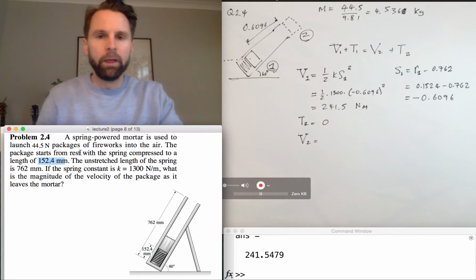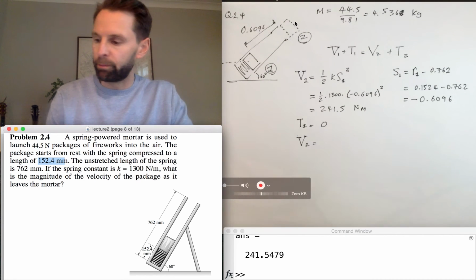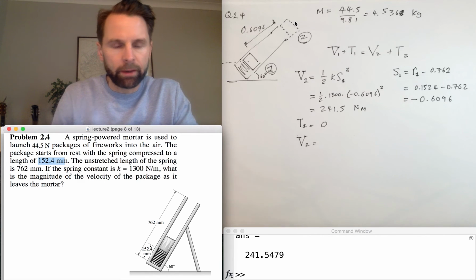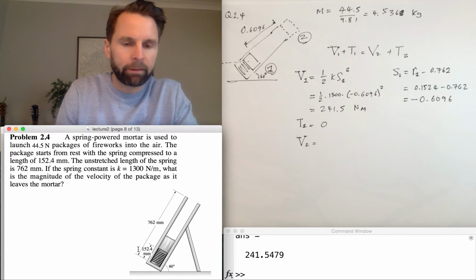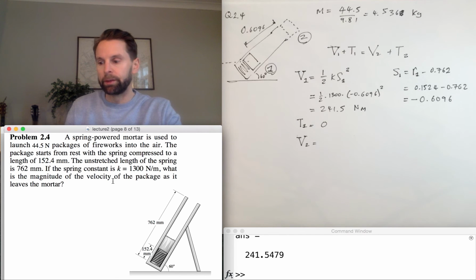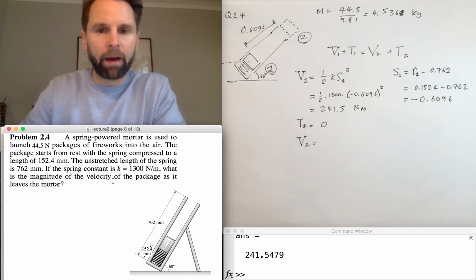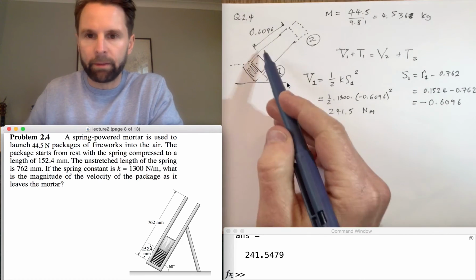Moving on to the potential energy when the package has left the barrel. Now the spring is unstretched because the unstretched length of the spring is the barrel length. So there's no potential energy stored in the spring anymore, but there is potential energy because we've raised the mass this distance.